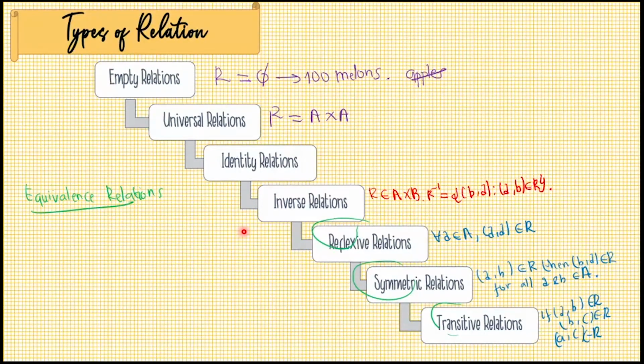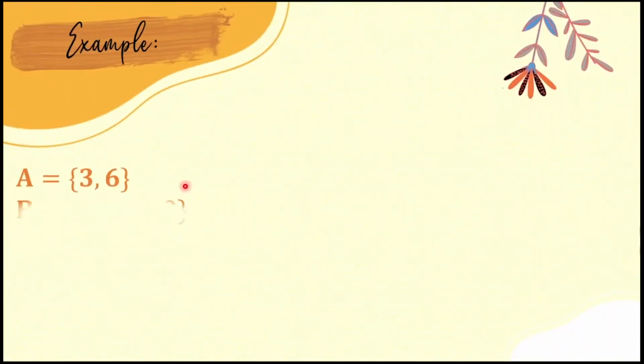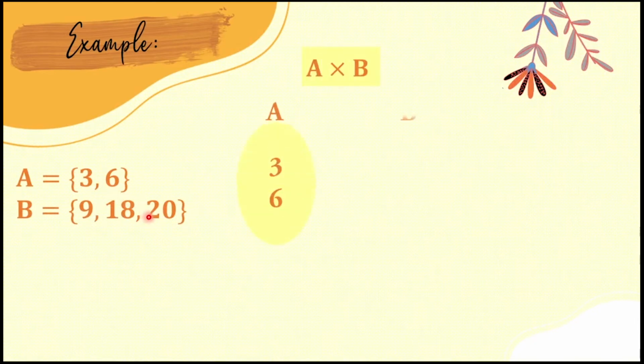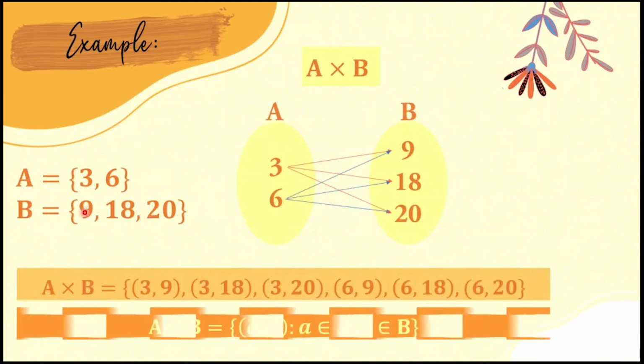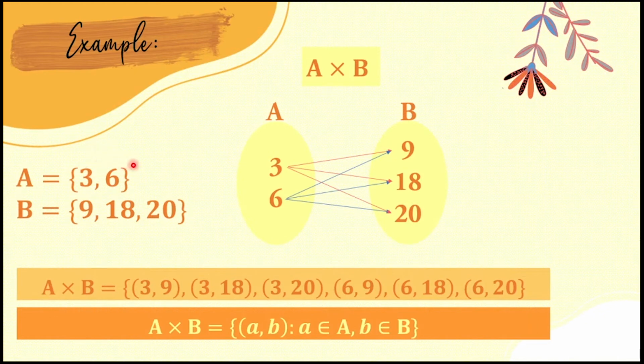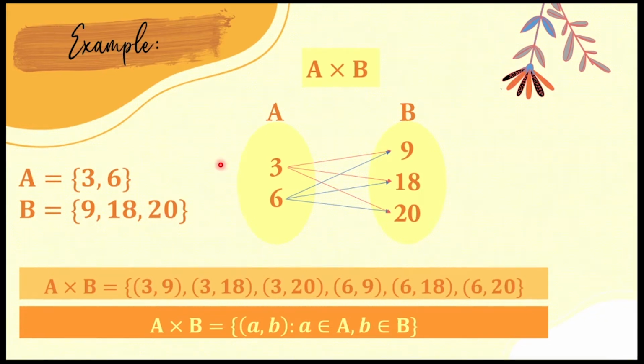Let's understand this using an example of two sets. Now, we have two sets A and B. Set A has elements 3 and 6, and set B has elements 9, 18, and 20. We first take the Cartesian product of the two sets.